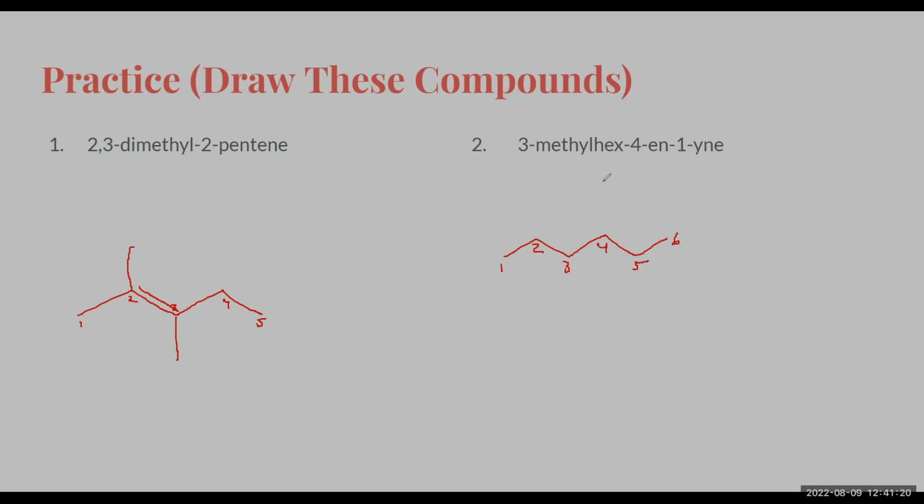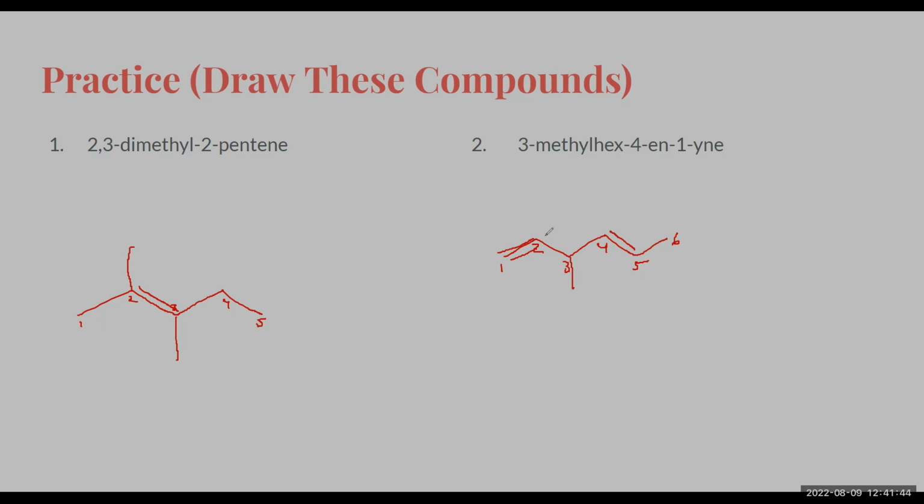And so on the 1 position, we have a yne, meaning we have an alkyne. So I'm going to draw a triple bond right here. On the 4th position, we have a double bond because ene. And then on the 3rd carbon, we have a methyl group hanging off of it. And so this is what our structure is going to look like.